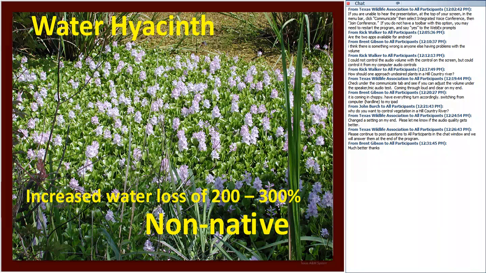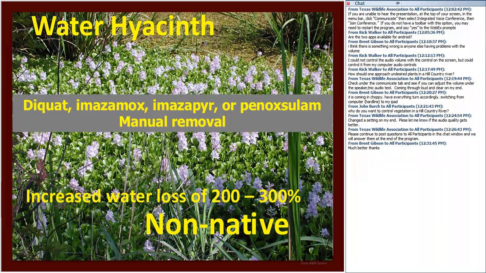If you have a pond that becomes covered with water hyacinth and it's only 10 foot deep, well, you no longer have a pond come the middle of summer because it's going to evaporate that much water. So if we do end up with water hyacinth, we're going to use diquat, imazamox, imazapyr, penoxsulam, or this is the one species that we do recommend manual removal.